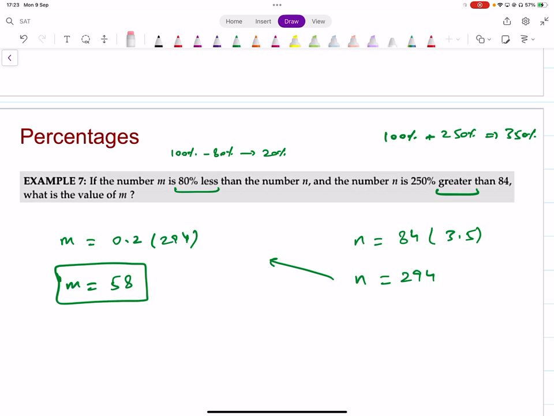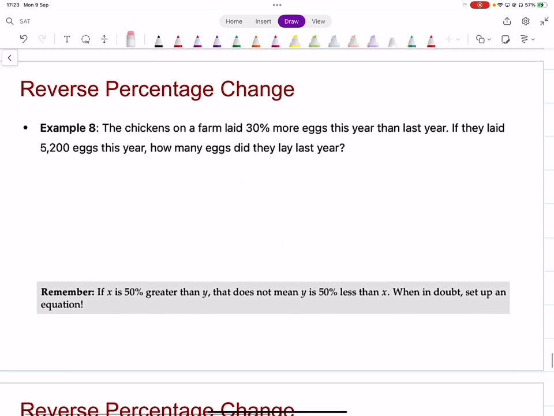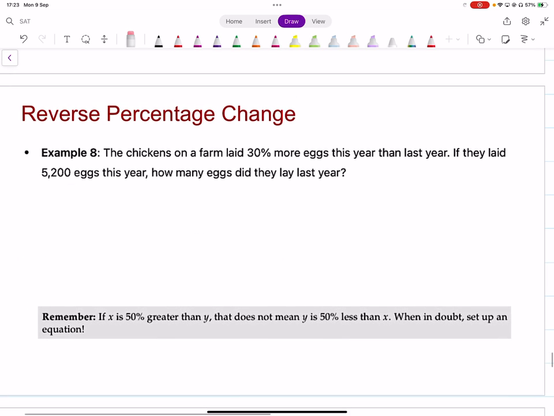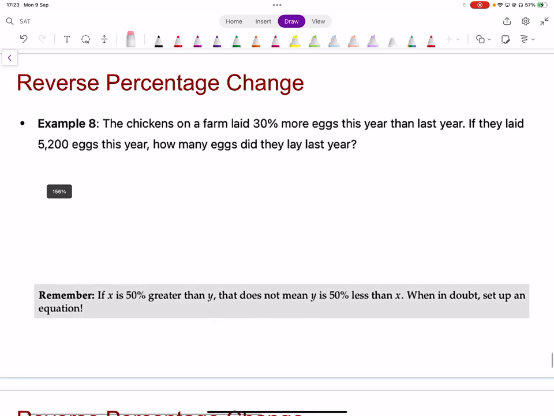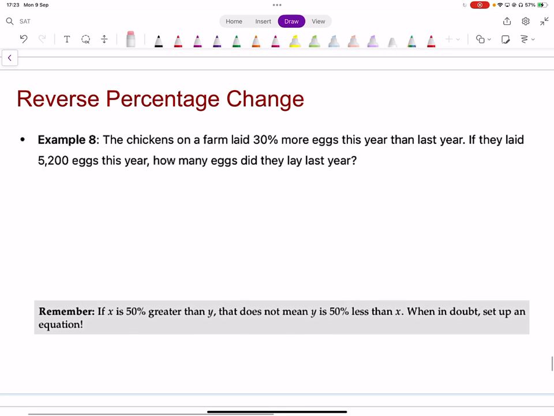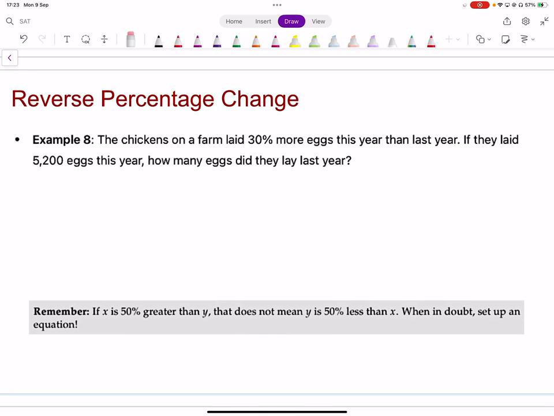All right, let's move on. Now, this is a relatively trickier case. The chickens on a farm laid 30% more eggs this year than last year. If they laid 5,200 eggs this year, how many eggs did they lay last year?